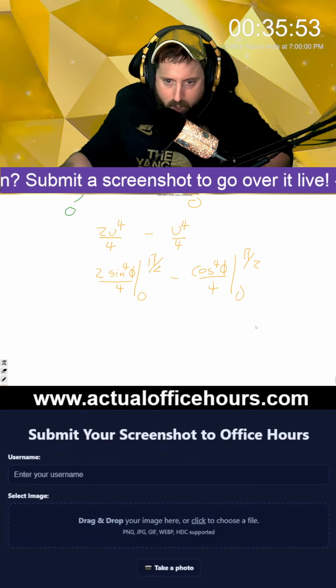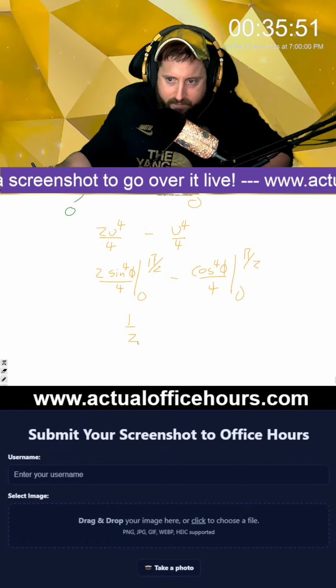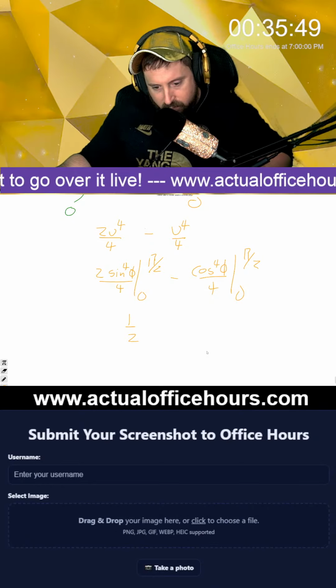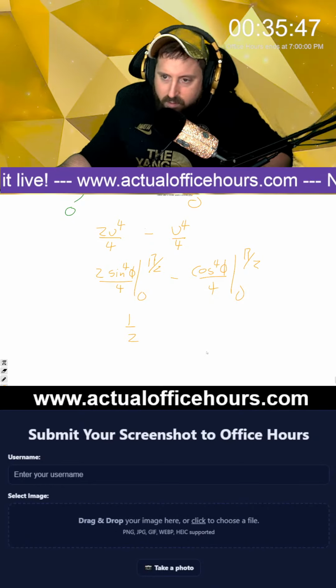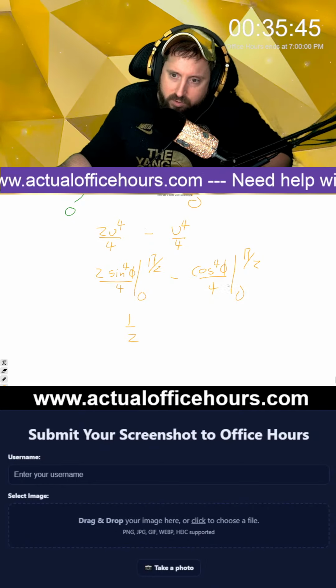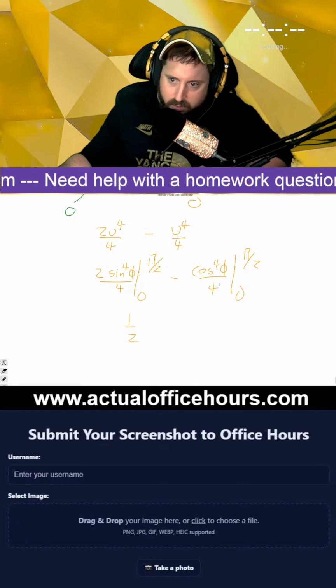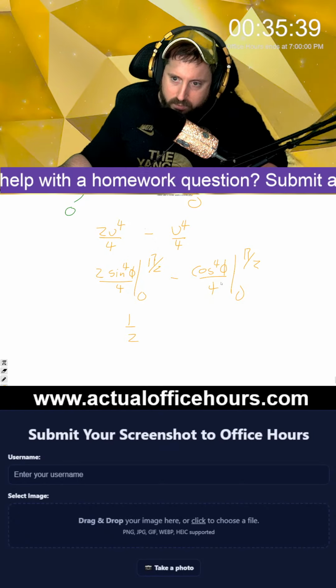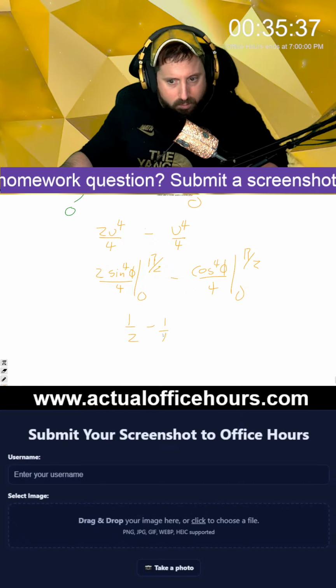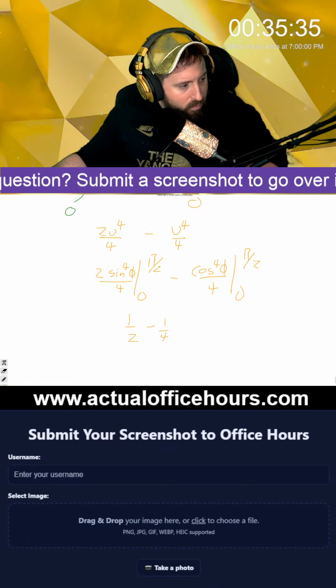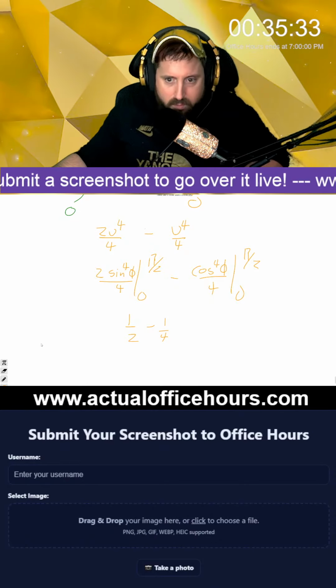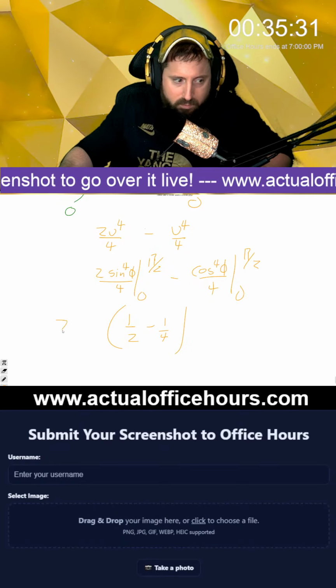Sine of pi over 2 is 1. So this is 1/2. Cosine of pi over 2 is 0. But cosine of 0 is 1. So minus a fourth. Oh, and that's all times 2 pi.